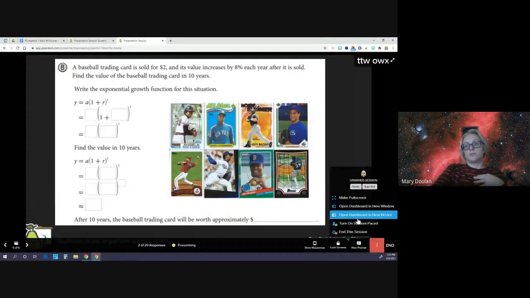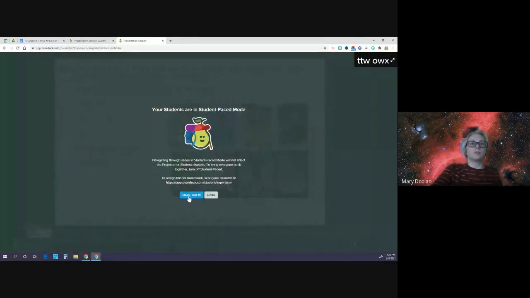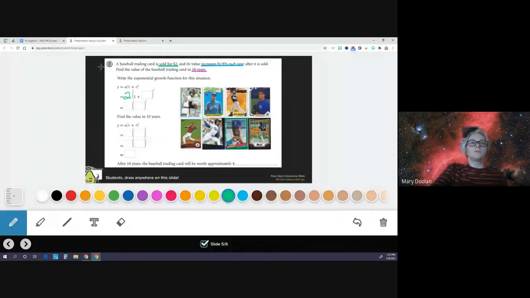I'll leave you in student pace, so that way I'm not jumping you around too much. The growth rate, well, it says 8%. When we want to write 8%, we don't want to write 8 and then the percent symbol. We want to write its decimal equivalent. So you do have to remember how to take a percentage and turn it into a decimal.